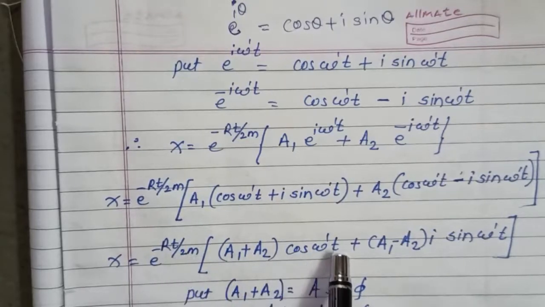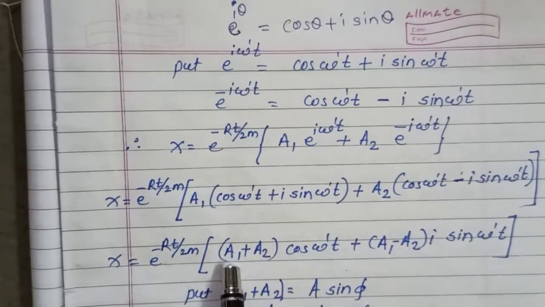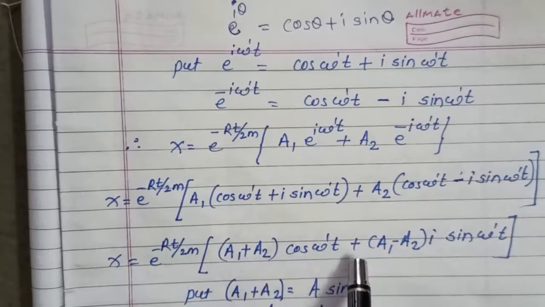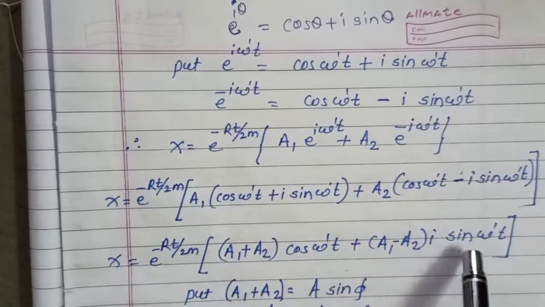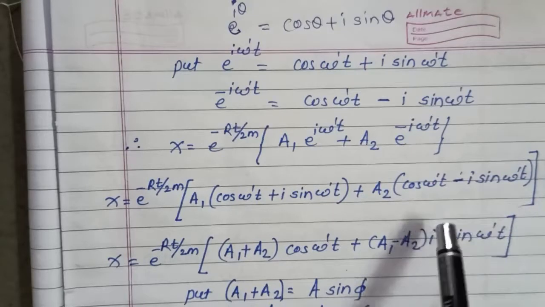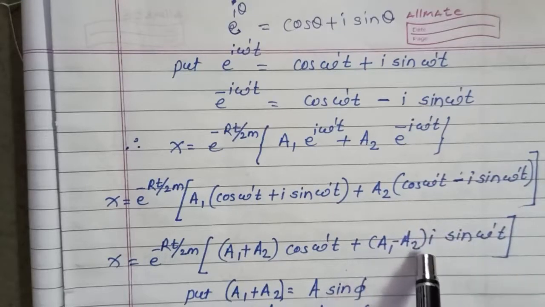Take cos omega dash t as common inside the bracket (a1 plus a2), plus i sin omega dash t as common inside the bracket (a1 minus a2).